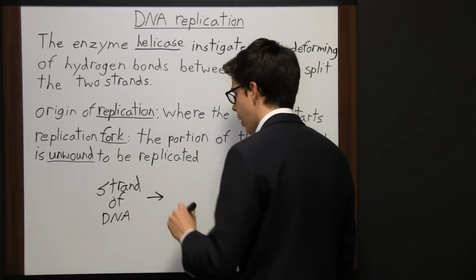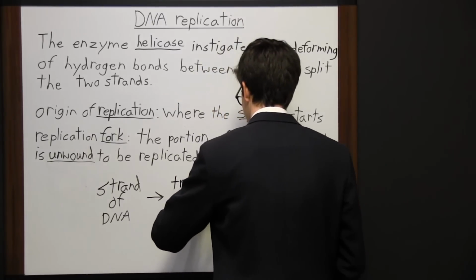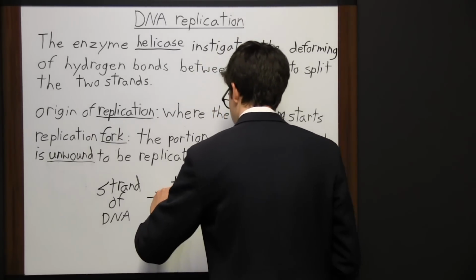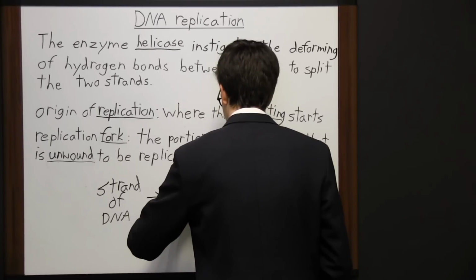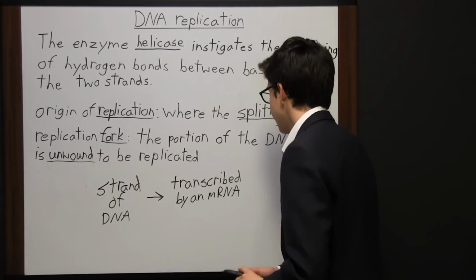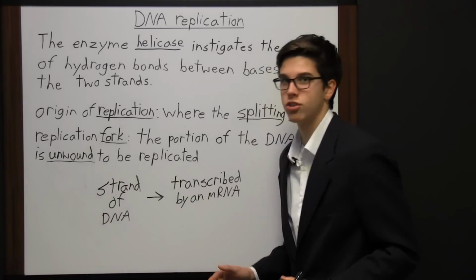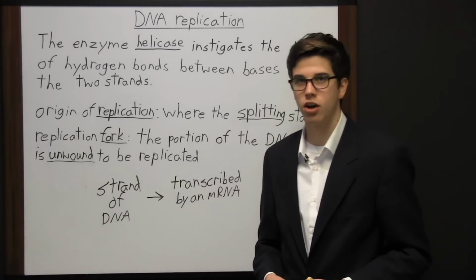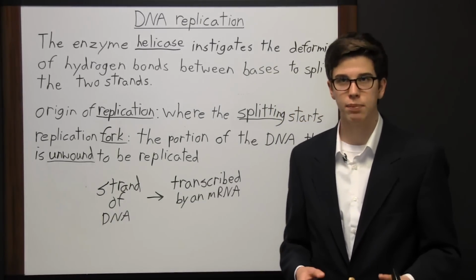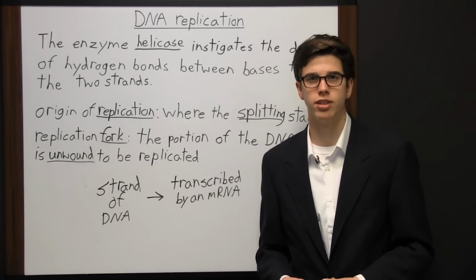So in the process of DNA replication, each strand of DNA is transcribed by an mRNA. And so the M in mRNA stands for messenger. So this is messenger RNA. And so the mRNA copies the DNA onto itself base by base in a complementary manner.